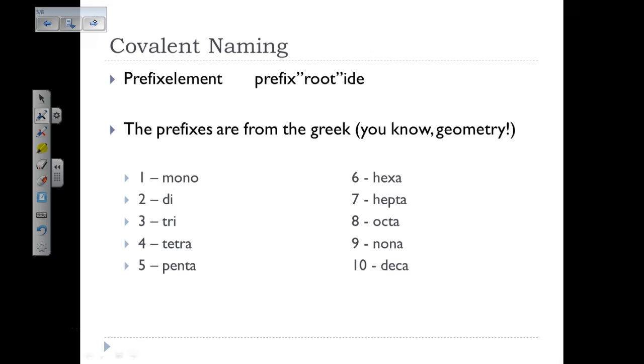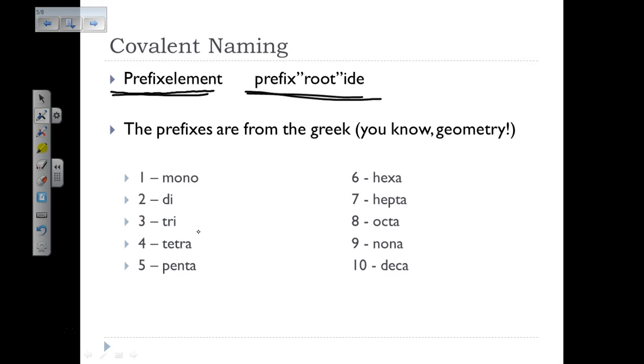So if we're going to name covalent compounds, this is what we're going to use, always: prefix element, prefix rootide. This is for any compounds that are what we call binary covalent compounds, so things between two nonmetals where there are only two elements in them. To name this way, you have to know the prefixes, which are numeric prefixes.